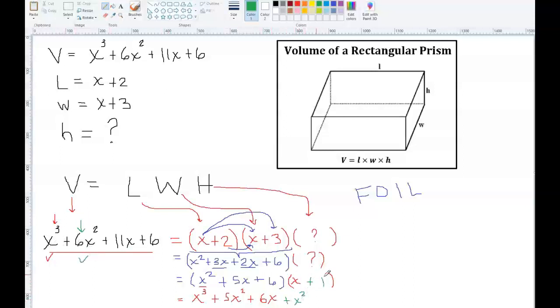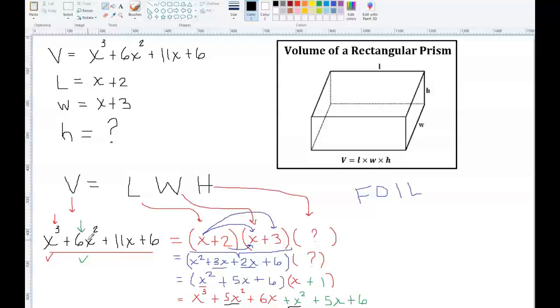But remember that this plus 1 is not only multiplying the x squared, it has to multiply all the other terms in this blue parenthesis. So positive 1 times positive 5x, that will be plus 5x. And positive 1 times positive 6, I get plus 6. And then I need to check if I can simplify this answer. I get this volume here. And I right away notice that 5x squared with plus x squared, I get the 6x squared.